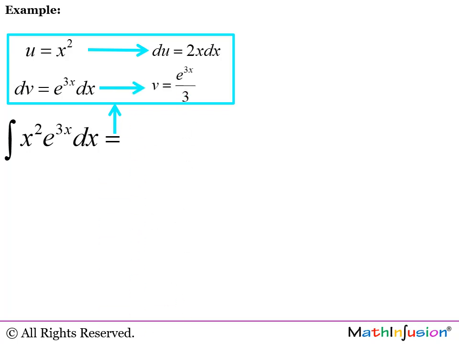So v is e to the 3x over 3. Don't forget the little u substitution when you do that. To get v, you're actually finding the antiderivative of e to the 3x dx, so you have to do here a u substitution, or I can call it w substitution, when w equals 3x.